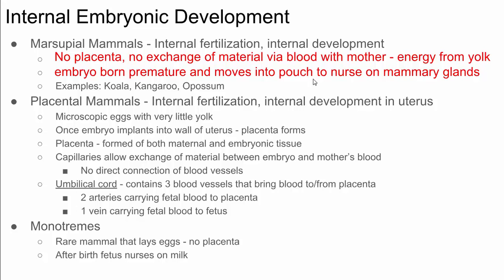It's born extremely premature, and then it makes its way into a pouch and stays there to finish its development until it can become independent. Inside of that pouch are the mammary glands where the young marsupial can nurse, getting energy until it grows large enough to be independent. Examples of marsupials: koalas, kangaroos. In North America, a possum is a marsupial.